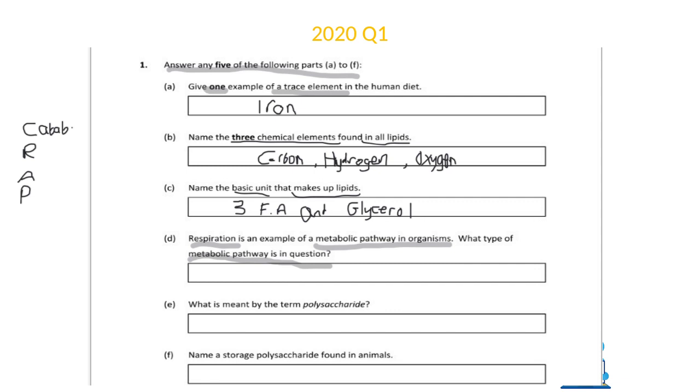So CRAP, the C stands for catabolic, the R stands for respiration, the A stands for anabolic, and the P stands for photosynthesis.